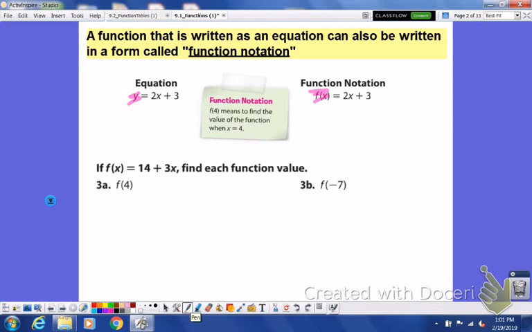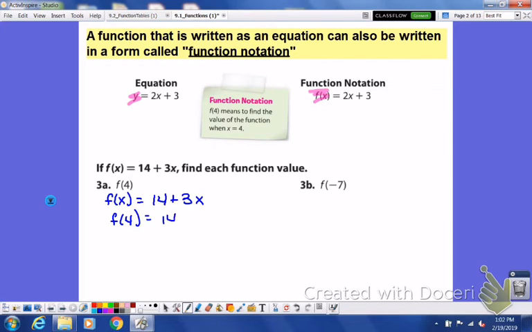So our first example here, if f of x equals 14 plus 3x, find each function notation. We have f of 4. So I'm going to start by bringing the function down. So f of x equals 14 plus 3x. Now I want to find f of 4. Now notice x is replaced with a 4.